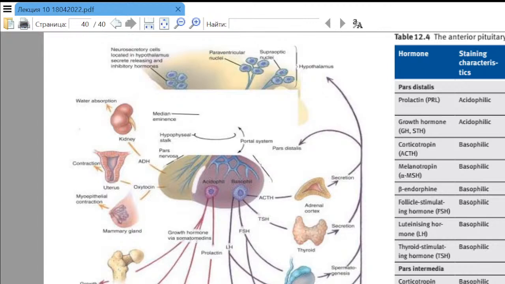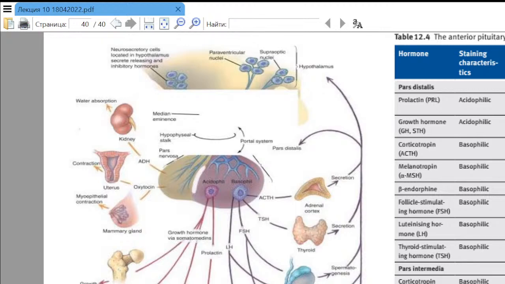For example, luteinizing hormone, LH, regulates ovulation and formation of the corpus luteum. It regulates the function of the testes and the ovary.